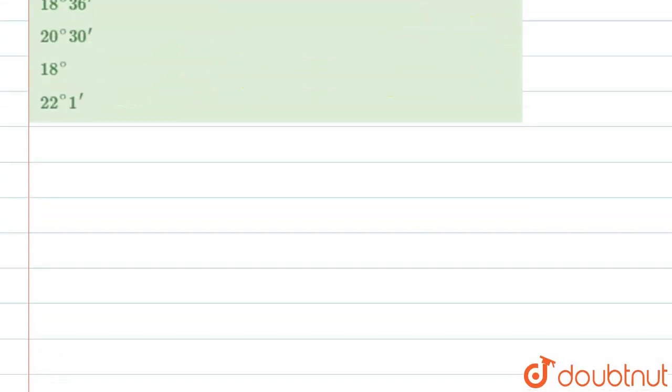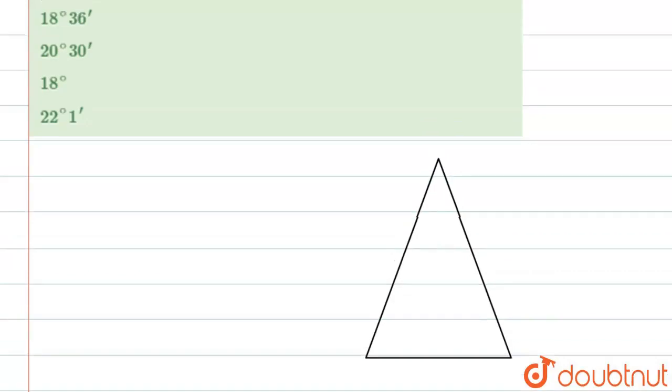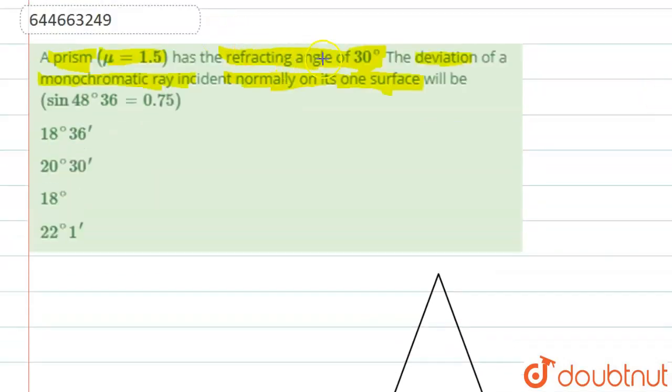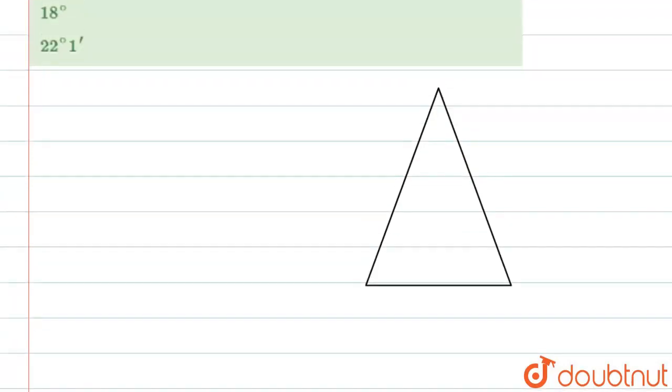Okay, so basically what is given in the question? I'll explain it with a short diagram. In the question there is a prism. Let's suppose this is our prism, and the refracting angle is given as 30 degrees. So basically the angle of the prism is 30 degrees. It is also given that the ray of light is falling absolutely normal to the first surface.